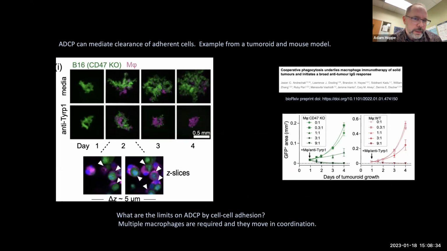So they're growing melanoma cells in aggregate, and using a therapeutic antibody to drive macrophage responses against this solid tumor. So these images here in magenta are macrophages, and in green are the melanoma cells.